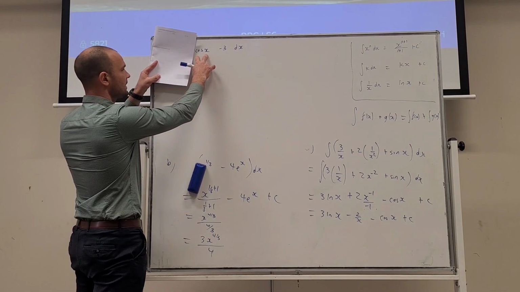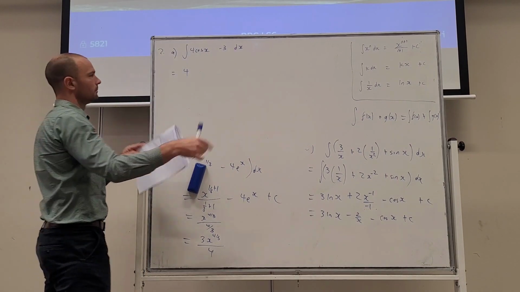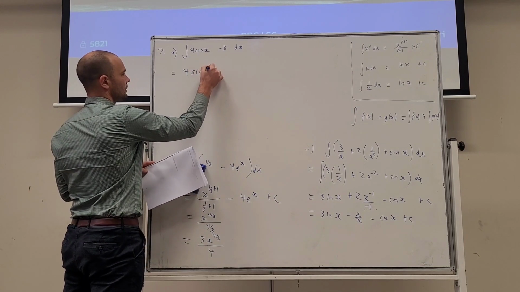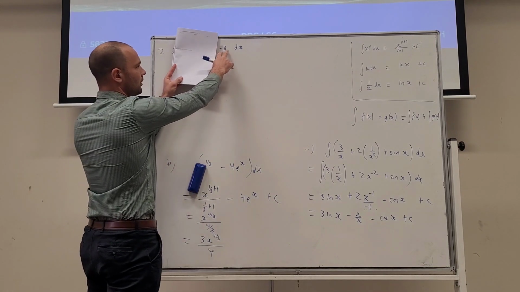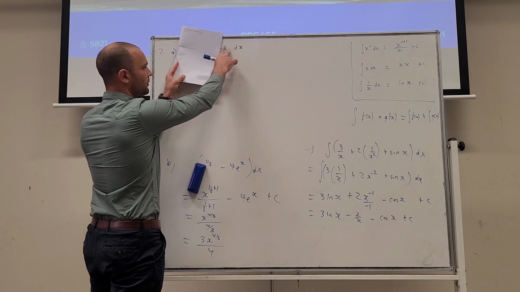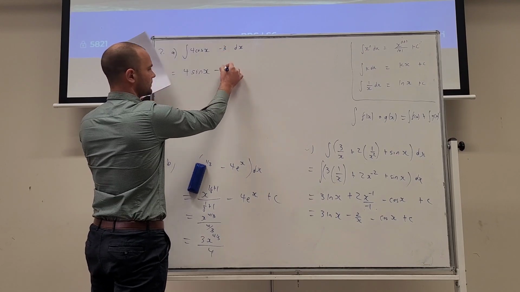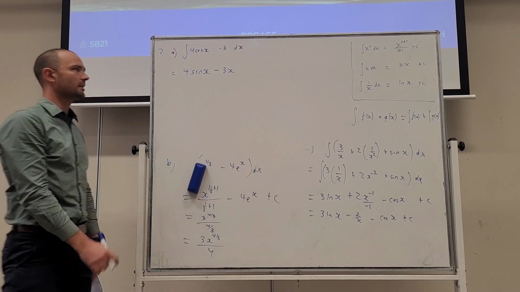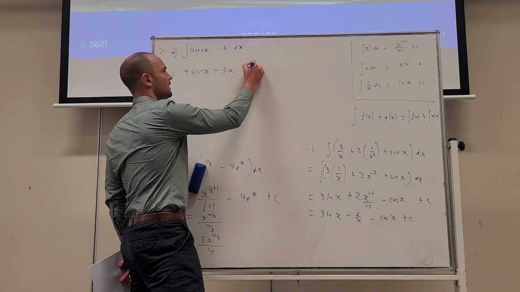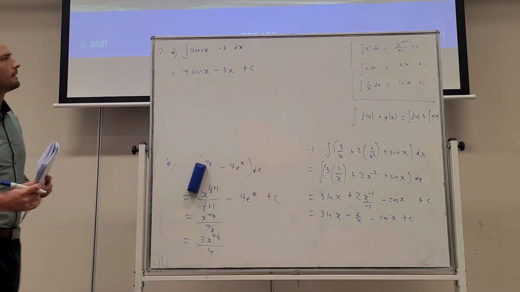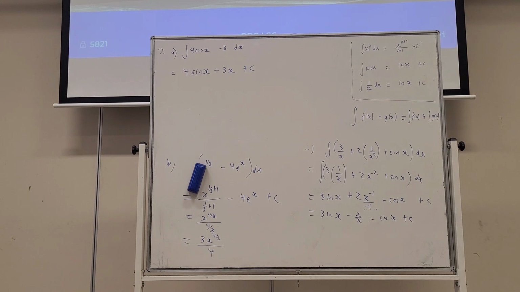Integral of cos x is, look at our worksheet, positive sine x. Okay? Take away the integral of 3, which is 3x, and then plus c. So that's the first one there.